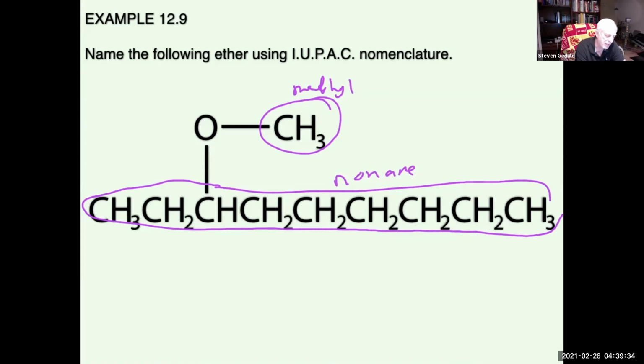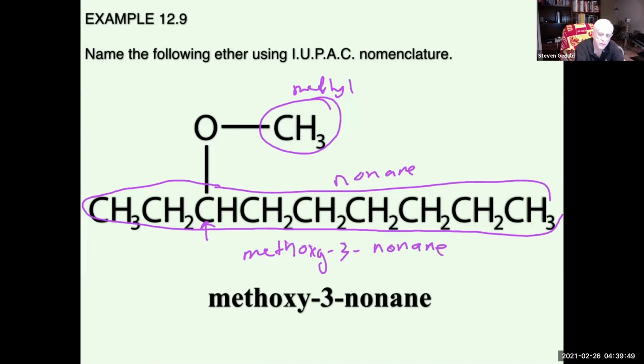It's going to be methoxy, that's your shorter chain, and this is attached to the number 3 carbon. So methoxy, 3-nonane. The shorter one is given the oxy: drop the A-N-E and add oxy. Then you give the name that you normally would. The attachment occurs at the number 3 carbon, so 3-nonane.